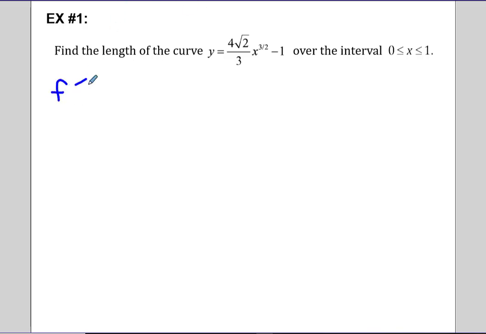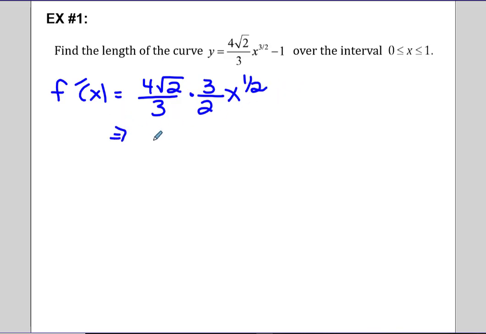So f prime of x is going to be 4 square roots of 2 divided by 3 times 3 over 2 x to the 1/2 power, which is going to come down to be 2 square roots of 2 times x to the 1/2 power, so the x can be under the radical here.